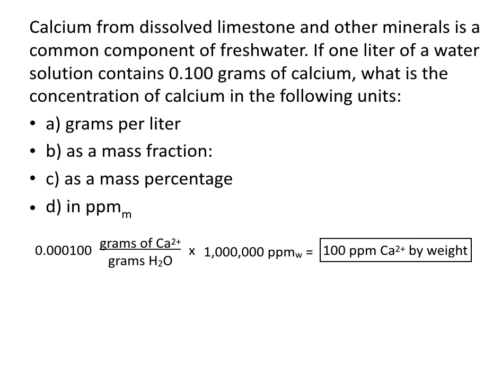Multiplying 0.0001 by 10 to the 6, or 1 million, gives us 100 parts per million of calcium by weight, which is the same as what we've discussed earlier in terms of grams per liter, the mass fraction, and the mass percentage. These are all the same numerical fractions, just different ways of expressing the units.